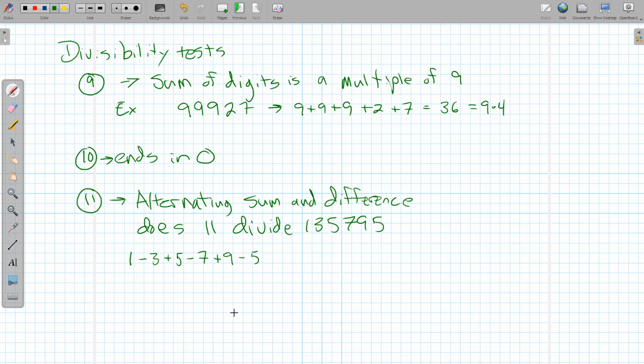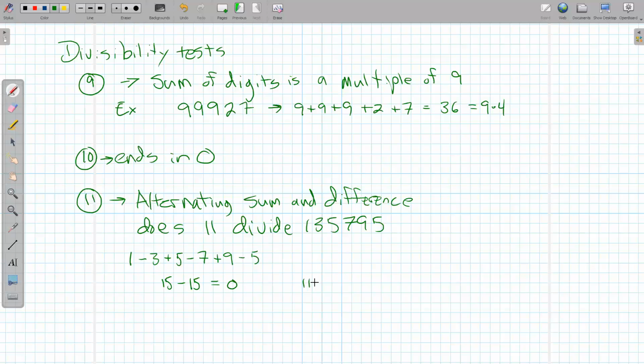If 11 goes into the result of that, then 11 goes into the original number. So sometimes what we do is combine the positives and combine the negatives. So let's see, 1 and 5 and 9 is 15, minus 3 and 7 and 5 is also 15. So this comes out to be 0.